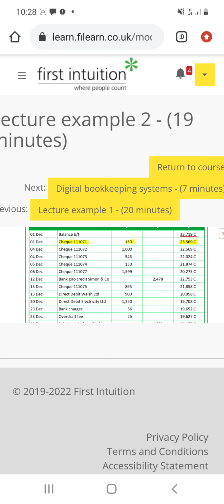So what this means is that this figure is a reconciling item from the prior period, and essentially I'm going to ignore it this period. I'm not worried about that line.